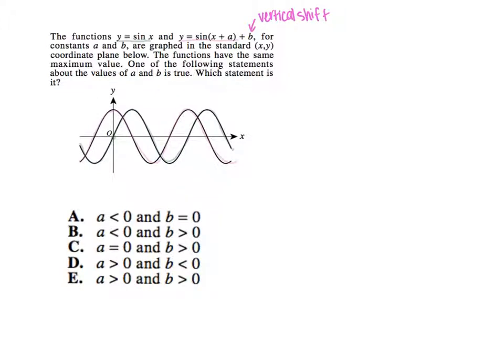The reason why I know that there probably isn't a vertical shift is because the maximum is the same maximum as the original graph. Okay, so is the minimum. The minimum is the original graph. So that tells me that this sine x plus a plus b is not shifted at all.